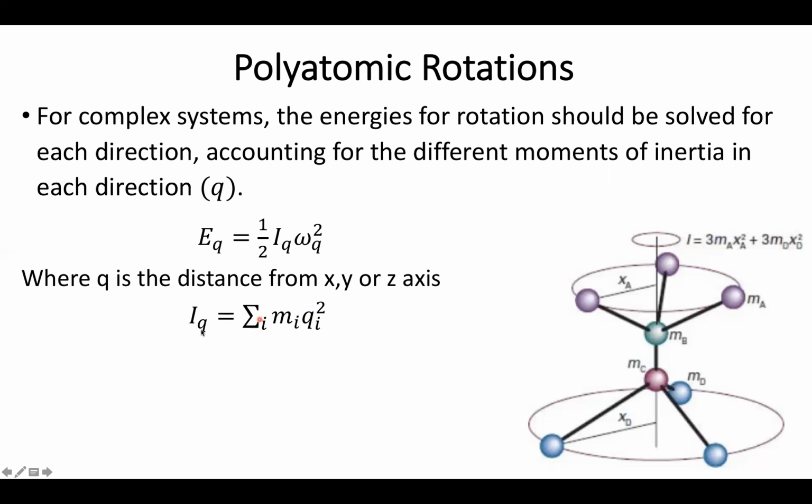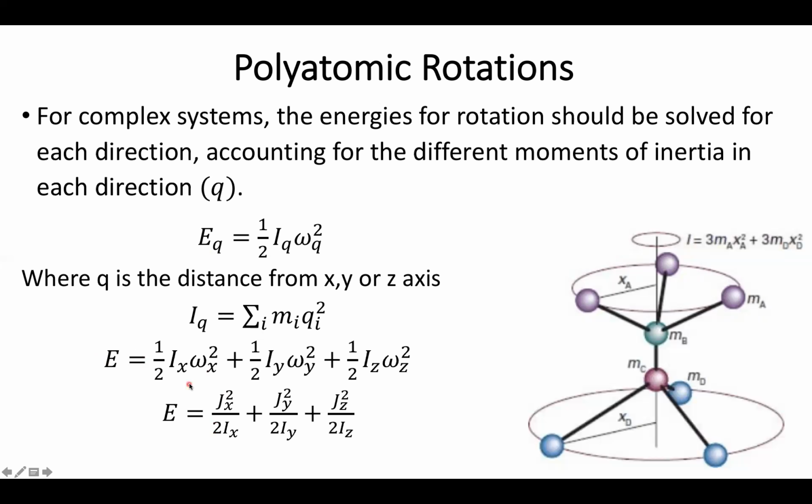Once we have these moments of inertia, we can combine them with our angular velocities to get an overall energy for the system. So we can think about our energy as the sum, for each direction, of the angular momenta, which are based on moments of inertia and angular velocity, over the moment of inertia, added up.